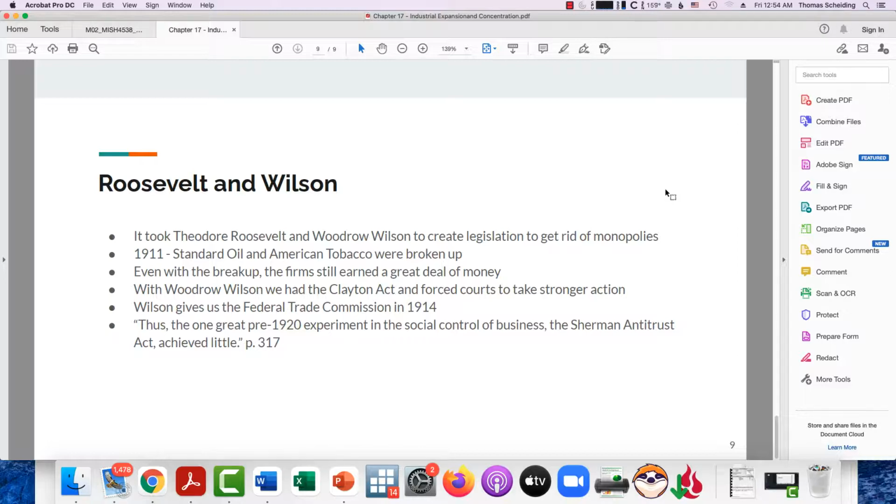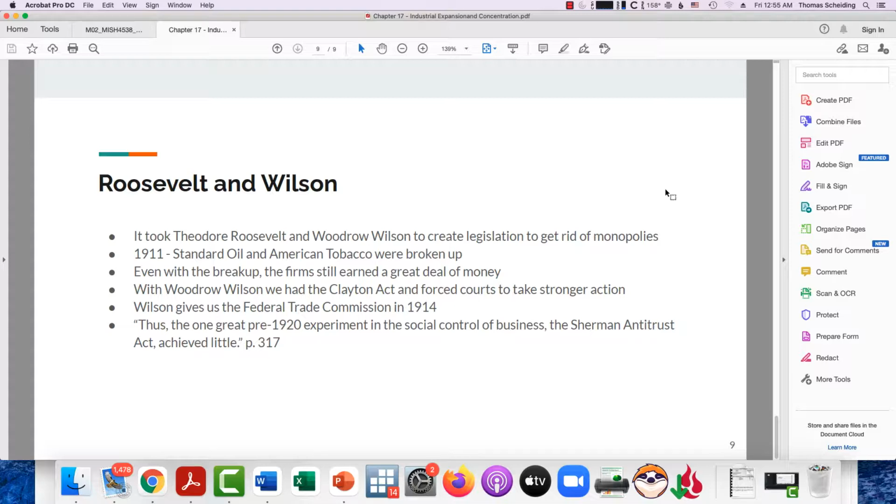By 1911, only 2 large companies were broken up as a consequence of the Sherman Antitrust Act, and that was Standard Oil and American Tobacco. And even when these places were broken up, they still did business. In some cases, they even made more money. It just looked a little different.